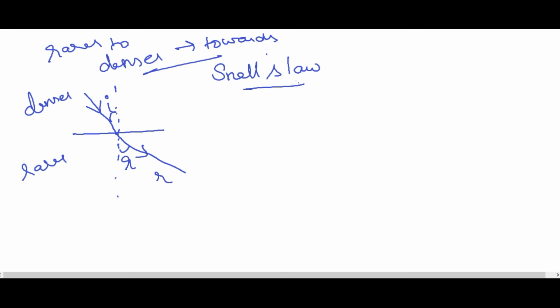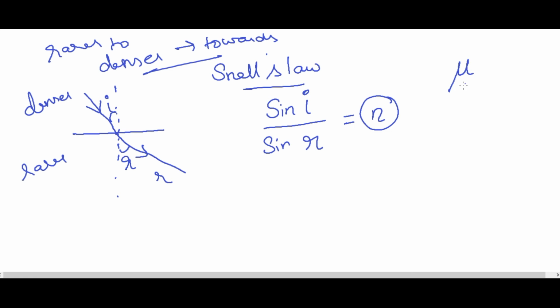Now I am going to say the Snell's law story. Snell's law is nothing but the ratio of the sine of angle of incidence to the sine of angle of refraction is equal to a constant. In your NCERT textbook, it is given with the small letter n representation. You can also use mu for representing the refractive index.